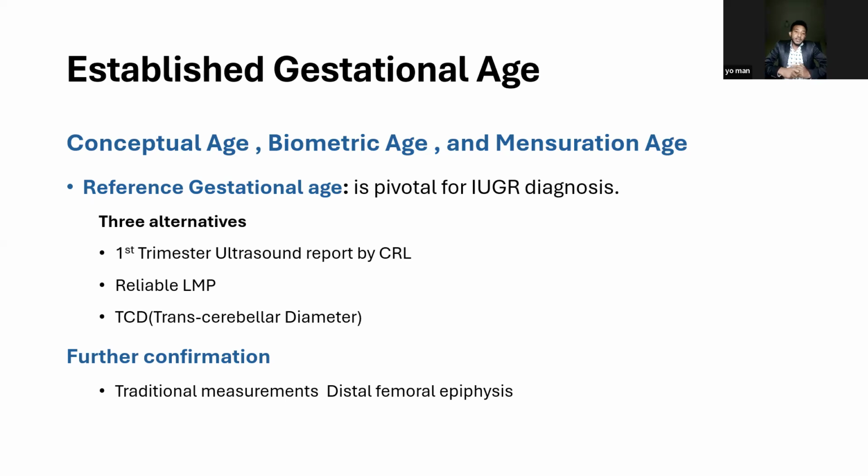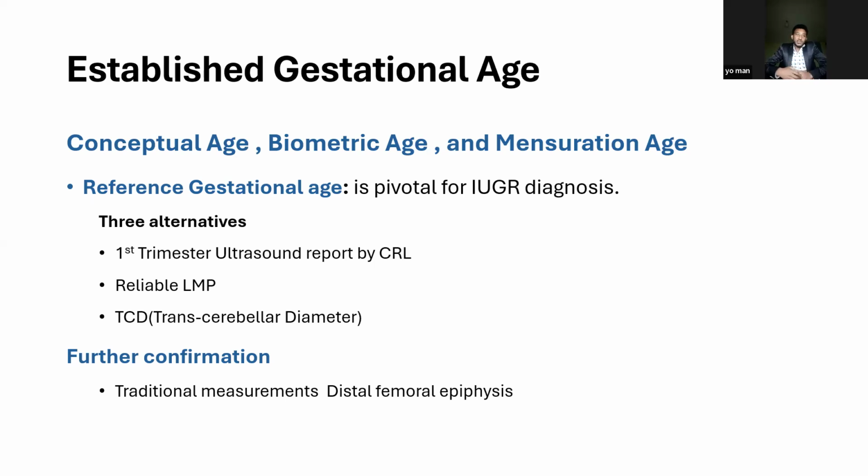The third one is transcerebellar diameter. If the fetus is in the late second trimester, transcerebellar diameter could also help. Why? Because the fetal cerebellum is the least affected organ by growth restriction.